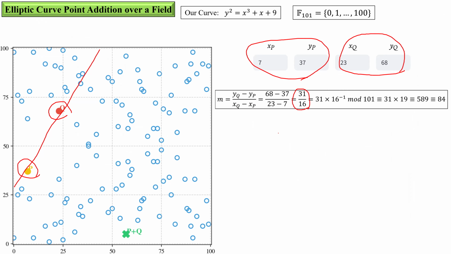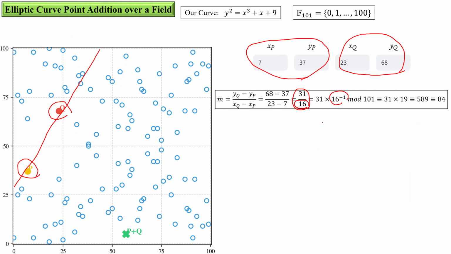And now we are in the discrete form and modular arithmetic. From the discussion in lecture 2, you remember that we cannot have any float values, so we need to compute the inverse of 16, right?